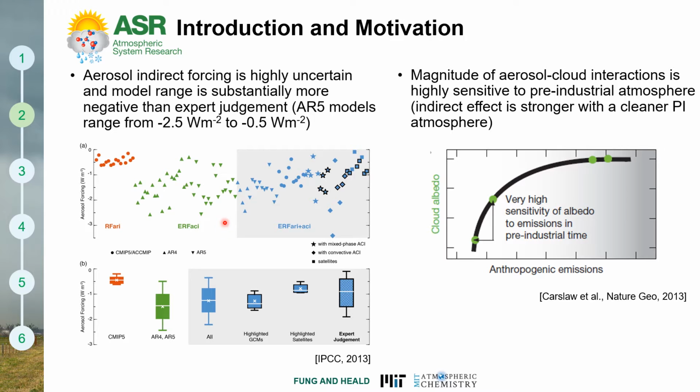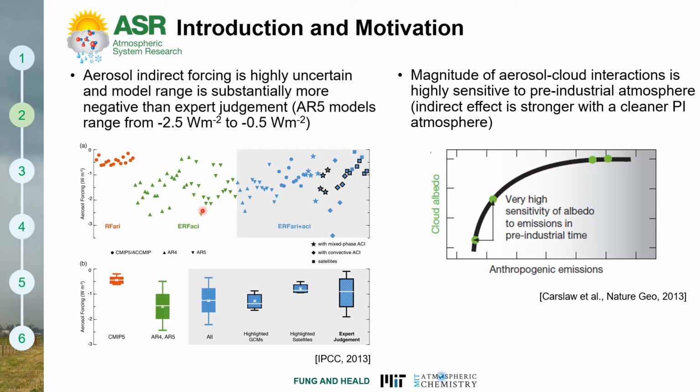In addition, the satellite constraint has been estimated to result in a much reduced cooling compared to, let's say, some of the highest values of cooling estimated by models. So the expert judgment in the AR5 is that the aerosol cloud interactions are on average, the central estimate is about minus half a watt per meter squared.